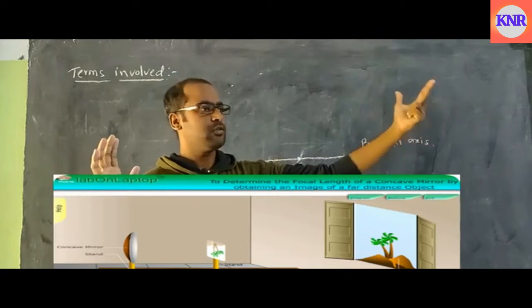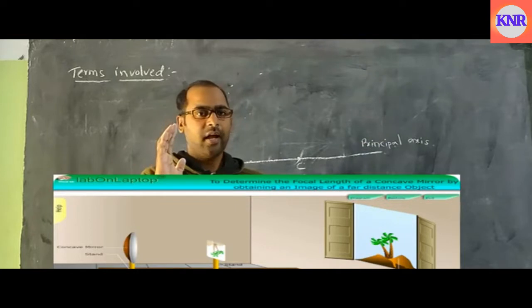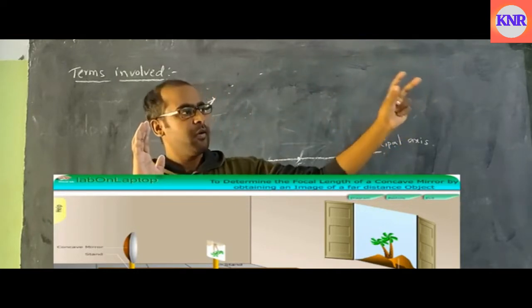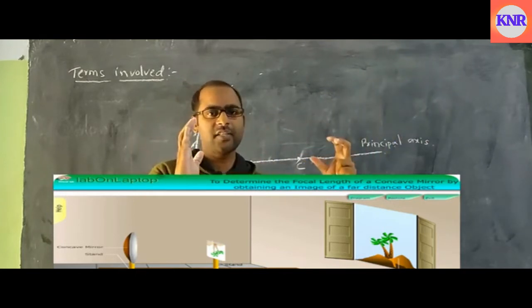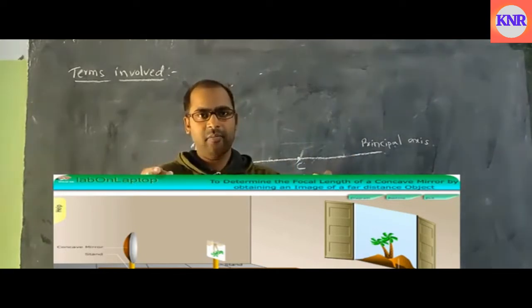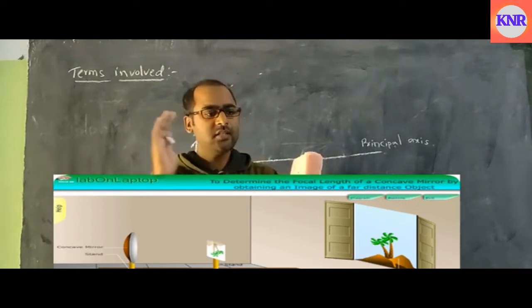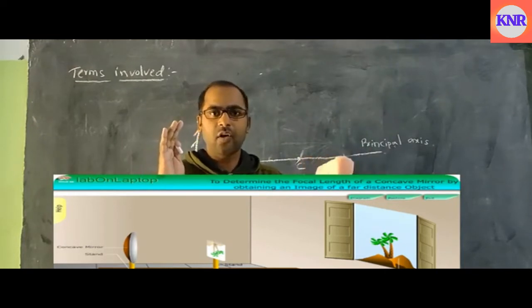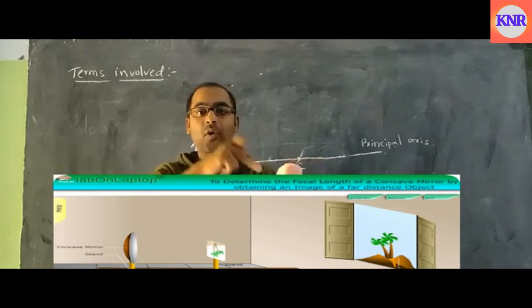The concave mirror takes the image of the tree and reflects it back. If you place a screen in front of the mirror and move it here and there, somewhere it forms a clear image. That means it is focusing.